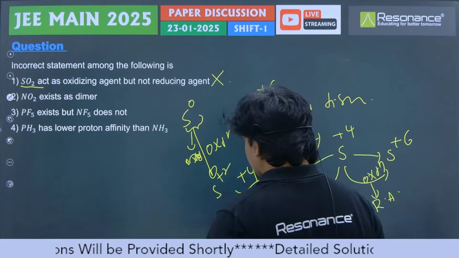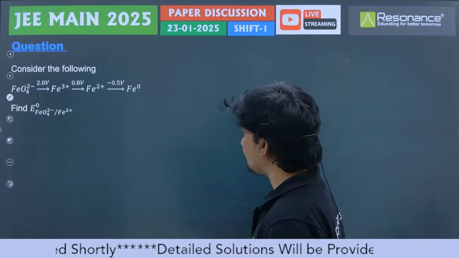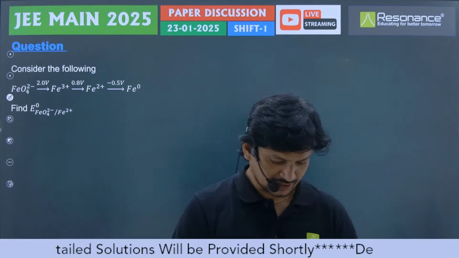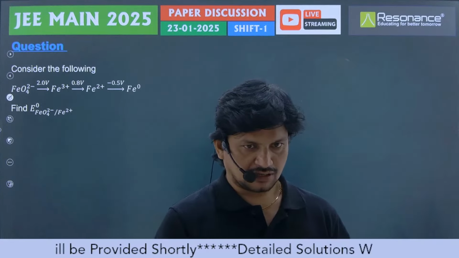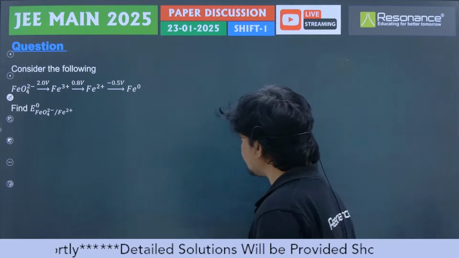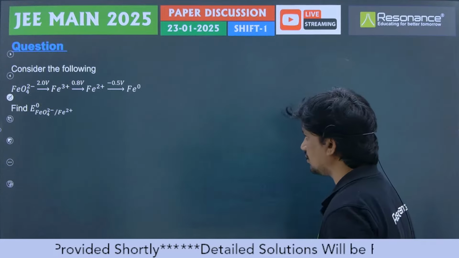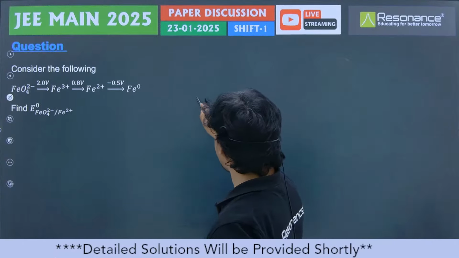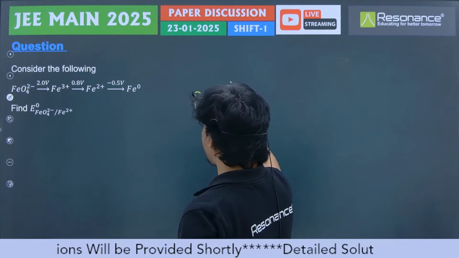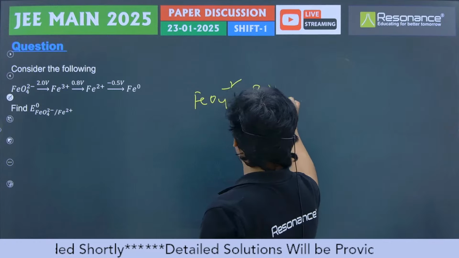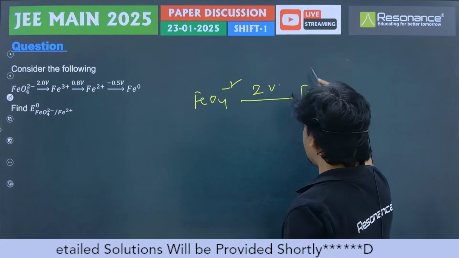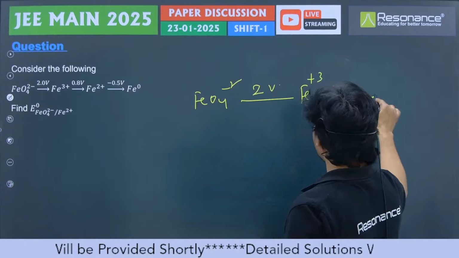Let's move to the next question. Consider the following. This is a very regular question in JEE Main, right? It's based on the Frost cycle. Here they have given FeO4 -2. How many volts EMF is involved? 2 volts.